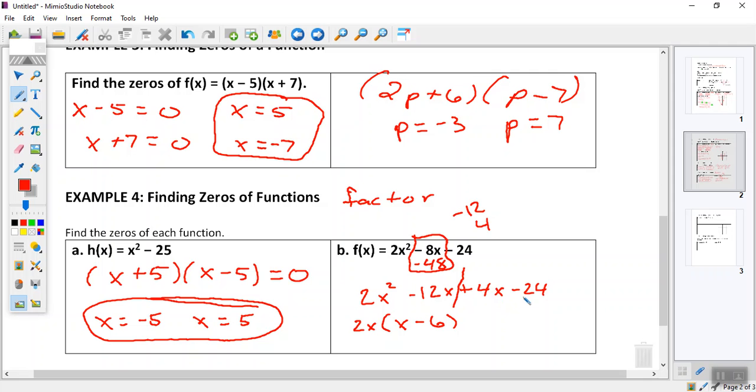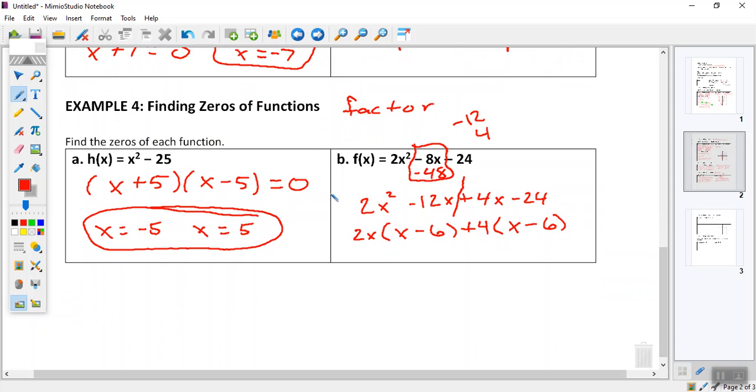What can I take out of the second half? Take a plus 4 out. How will I know I'm on the right track, kids? Yeah, the quantities, x minus 6, should match. If I take 4 out of 4x minus 24, what's left? Are we on the right track, friends?